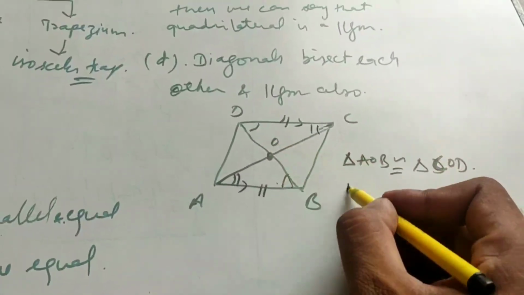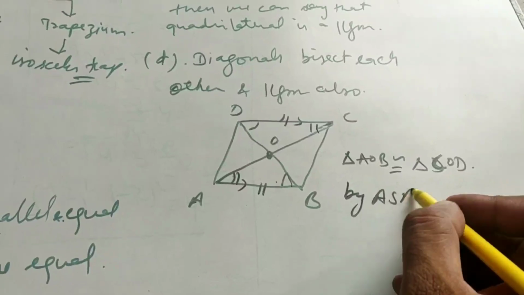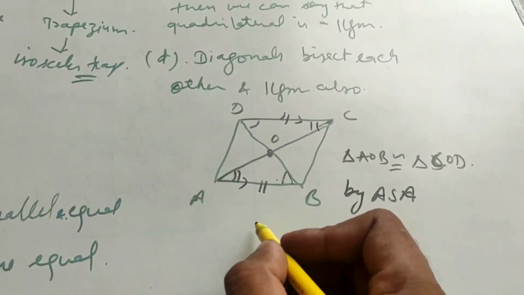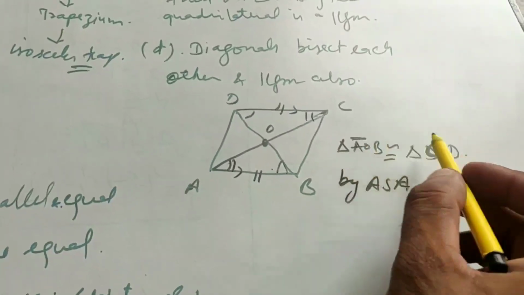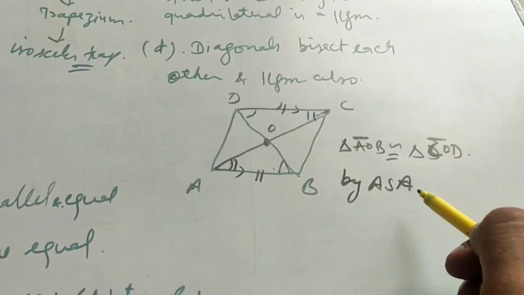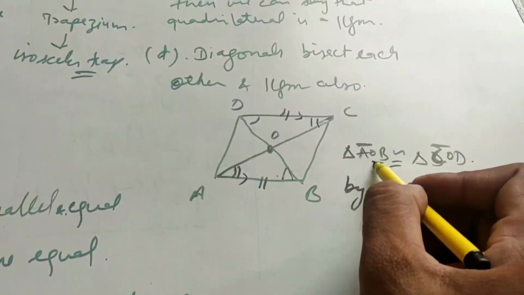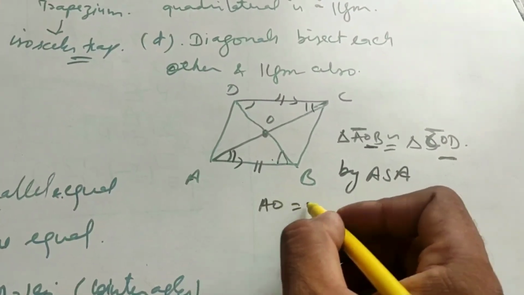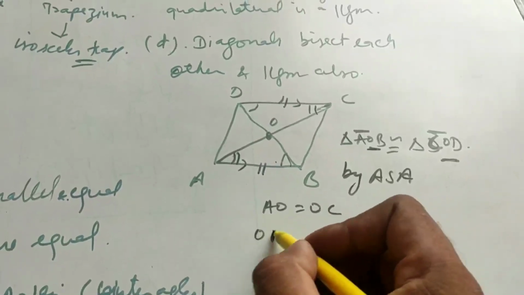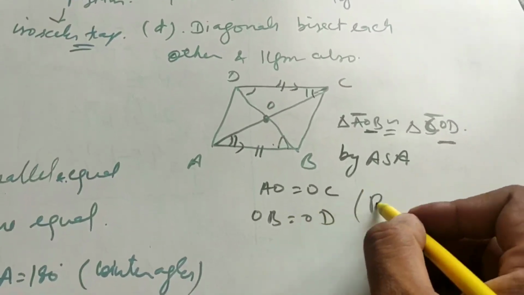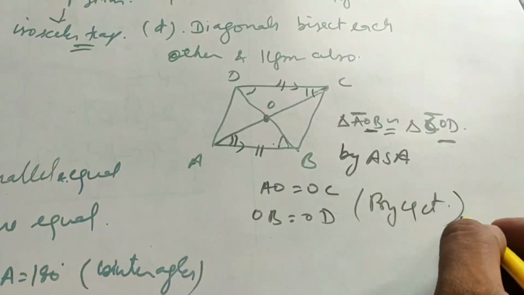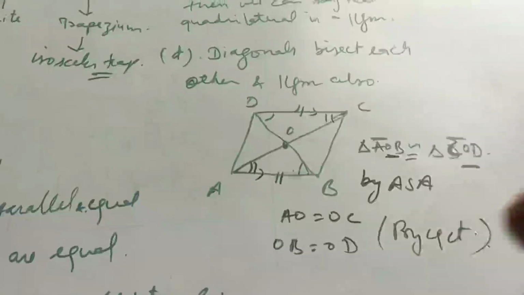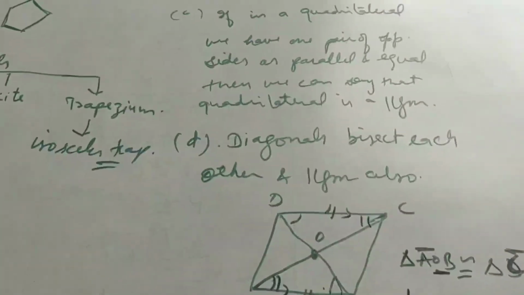So clearly by ASA, the triangles are congruent. And if the triangles are congruent, by CPCT OA is equal to OC and OB is equal to OD. So these are the four main properties of parallelogram.